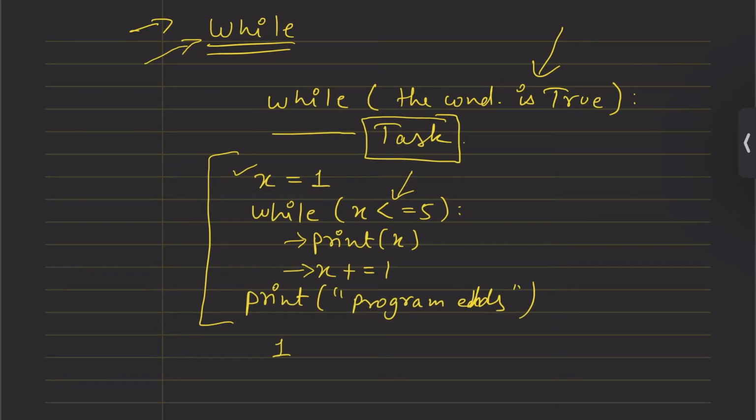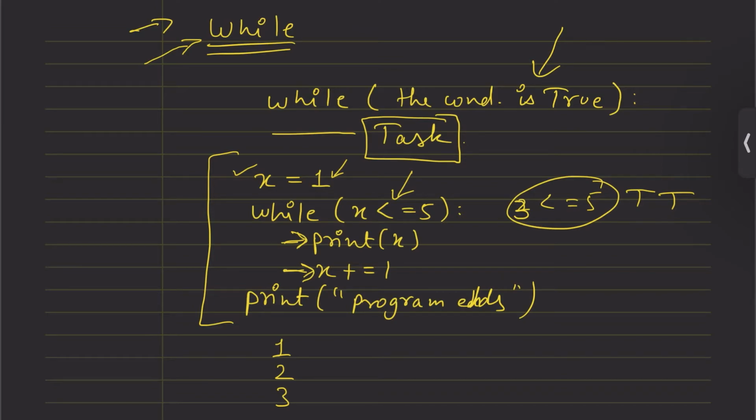The current value is 1, so it will become 2, and then it will repeat the loop. It will again check the condition. 2 is less than or equal to 5, yes, the condition is true. Then it will again go inside the loop and print x, that is 2 now. Again the value will be incremented, now the value is 3, the condition will be checked, yes, this time also it is true, and it will print 3.